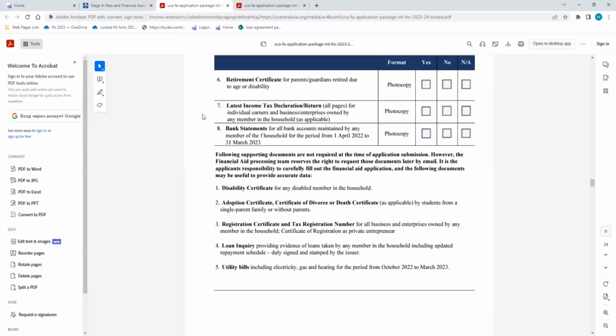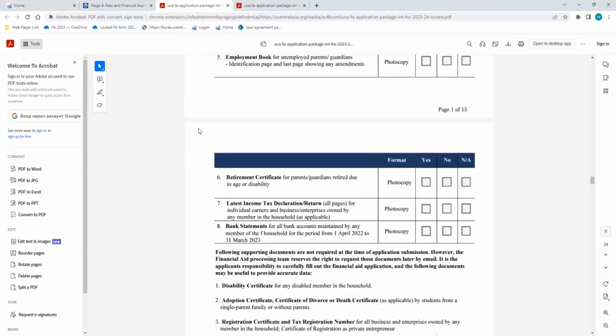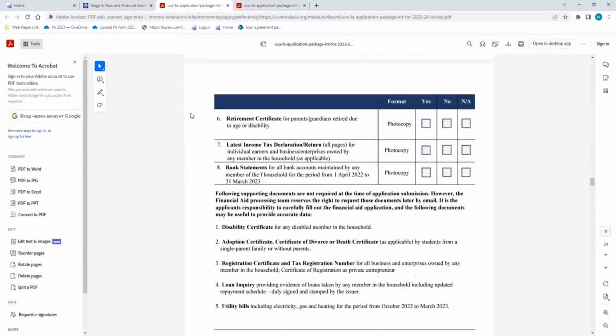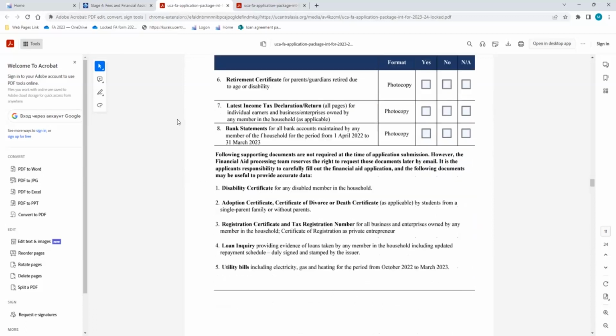Usually here in Tajikistan, when providing the salary certificate in point 4, that certificate indicates the taxes that were withheld from the employee. So in that case, that will also be enough. Otherwise, you have to provide the income tax.